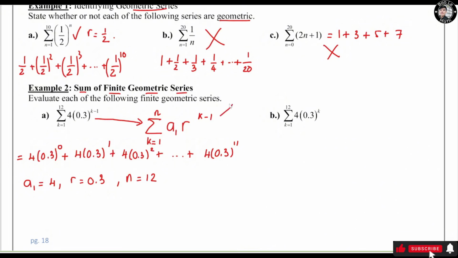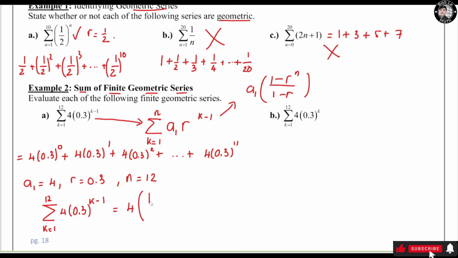Now the sum of this one is a1 times 1 minus r to the n over 1 minus r. So it's going to be 4 times 1 minus 0.3 raised to the 12, over 1 minus 0.3.